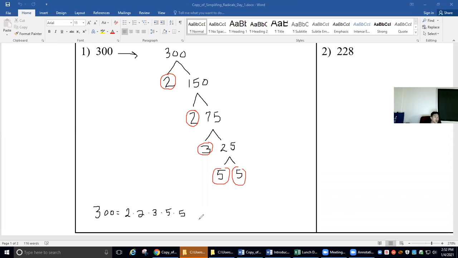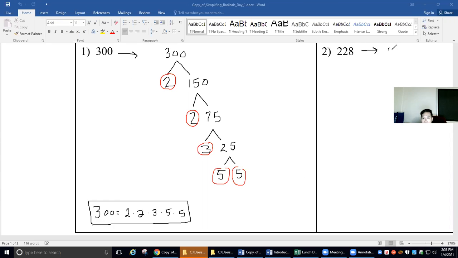How do we take a large number and break it up into prime factors? Prime factors are listed as numbers multiplied by each other. So 300 is equal to 2 times 2 times 3 times 5 times 5. That's it.